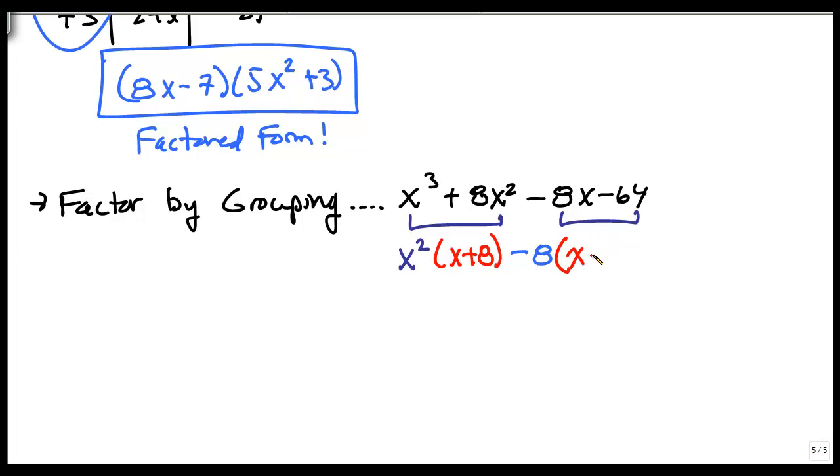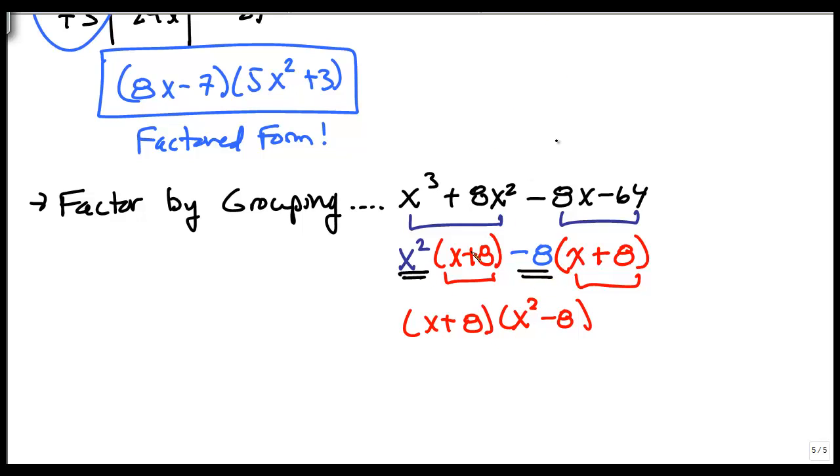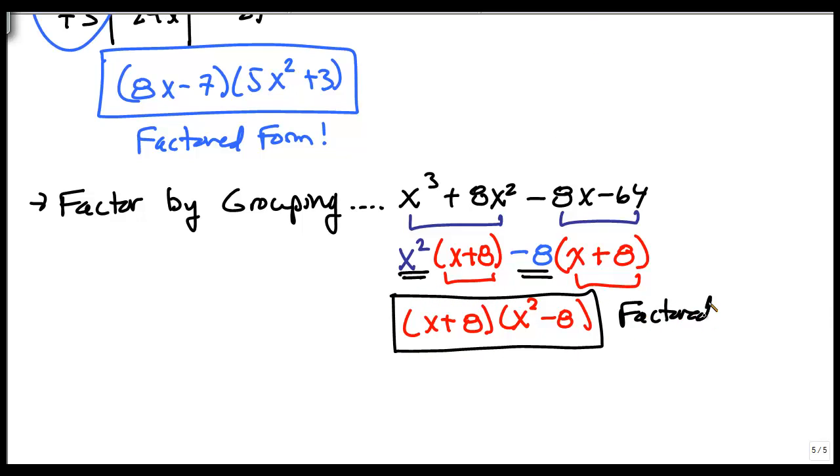Negative times a negative is a positive. So if I factor this negative out, I'm left with a positive x plus 8. My GCF, or my greatest common factor, then is x plus 8. And my remaining factors are x squared minus 8 when I factor out. So this is my factored form. And again, that's usually what we're looking for.